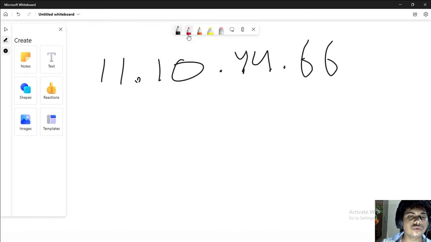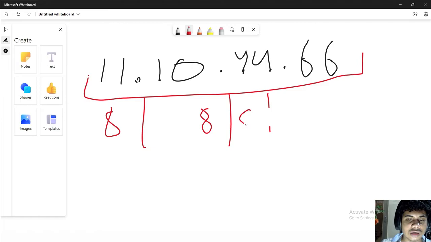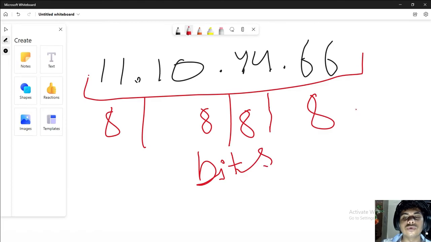First I want to tell those people who are new to this video and who haven't watched any of my networking videos: I will write all these octets. These are octets, 8, 8, 8, and here also 8. These are 8 bits each. When you add up 8 four times, it will be 32.